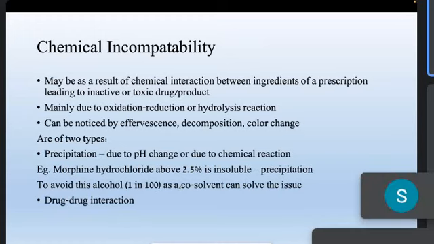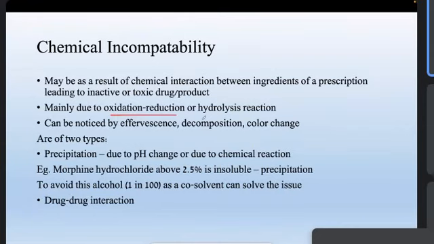We have chemical incompatibilities. This is usually due to chemical interaction. What we have to remember here is it can be due to oxidation, reduction or hydrolysis reaction, and that is of two types.